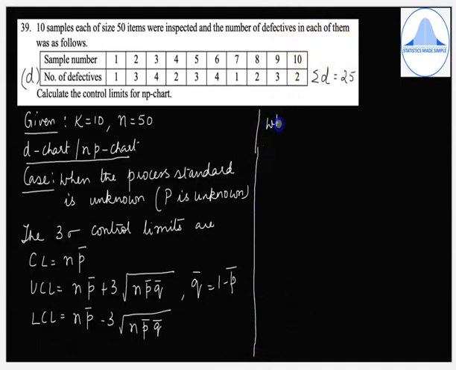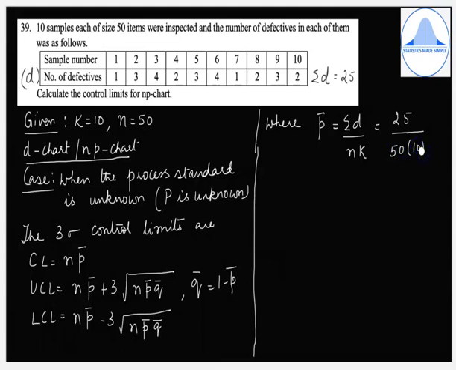Where P bar is calculated using the formula summation D divided by NK. In this case, summation D is 25, K is 10 and N is 50.